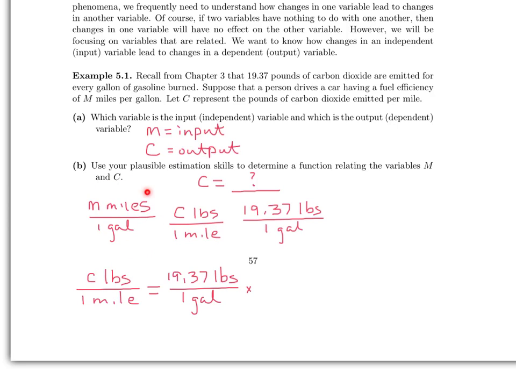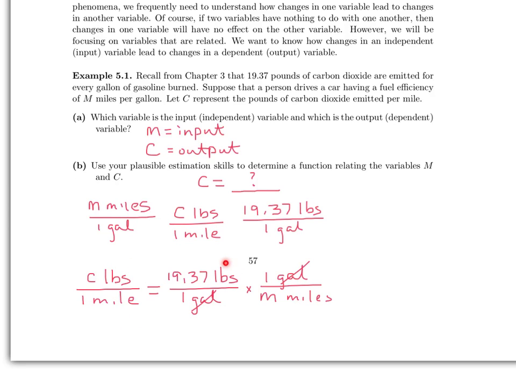And the factor we will want to multiply by will be this factor right here, except in order for us to cancel the gallons, we'll need to work with the reciprocal of this fraction. So I'll write 1 gallon over m miles. And now the gallons cancel, and the units on the left-hand side, remember, are pounds per mile.